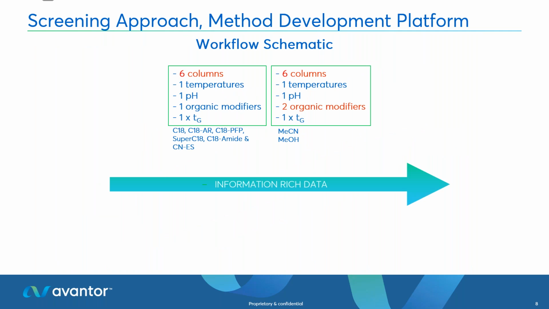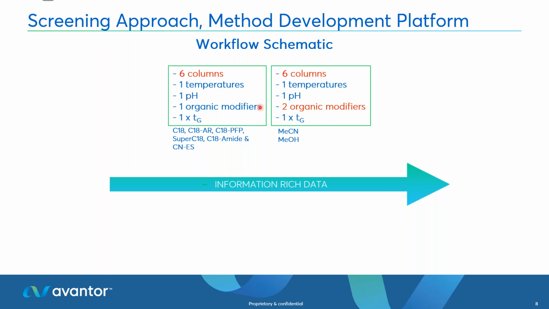So this is how we have developed our screening platforms. This is where we start with any of our method development. With 6 columns, we choose a temperature, normally 40 degrees Celsius. Sorry, coming from the UK. So 40 degrees C, and we choose generally a low pH.